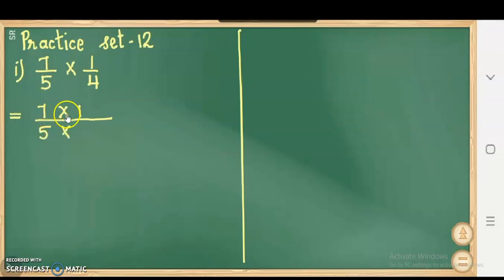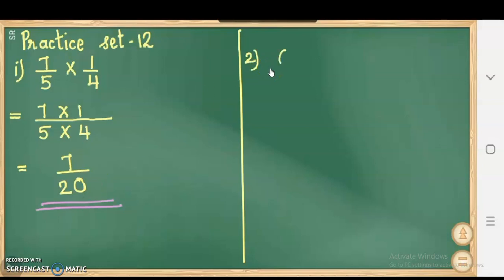So I am writing 7 into 1 upon 5 multiplied by 4 by putting a common fraction bar. Now 7 1s are 7 and 5 4s are 20. So it's very simple to solve the multiplication of fractions.